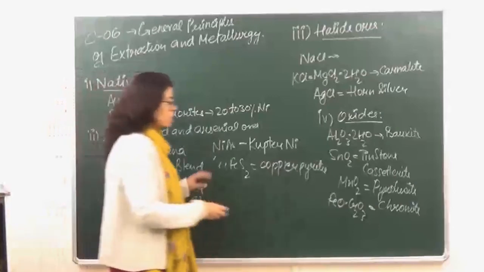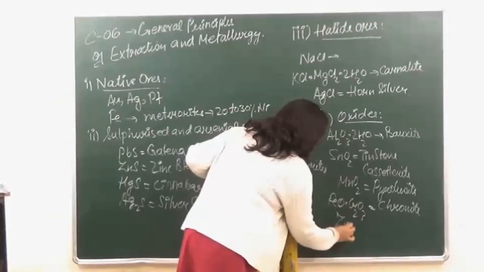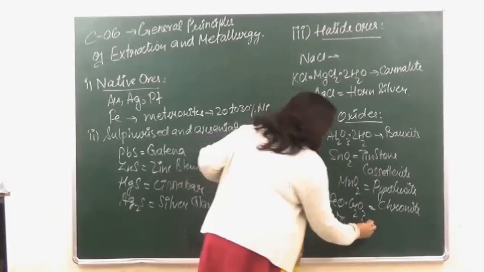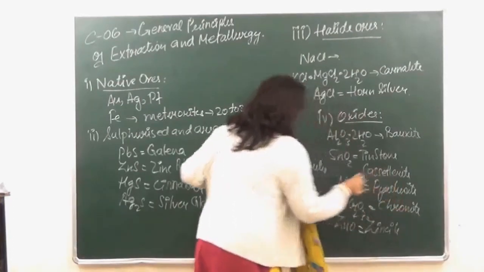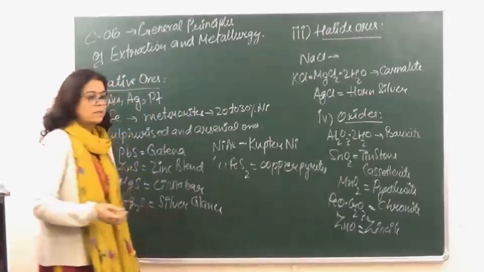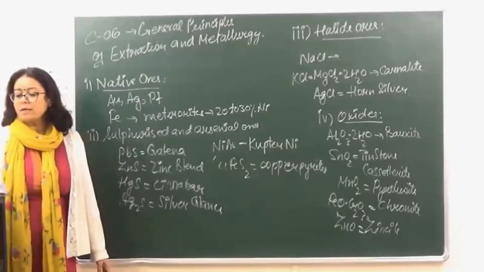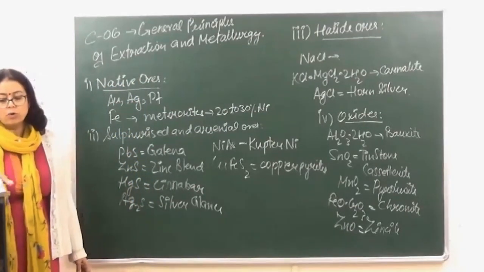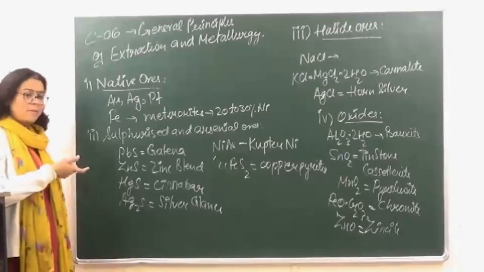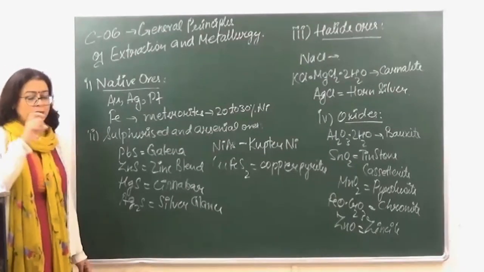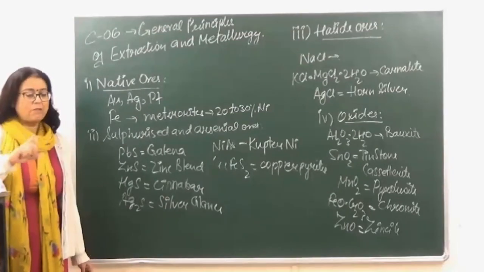Then we have zinc oxide, which is known as zincite. So all these common names you need to know. Then there are many more which we can keep listing. We've already done hematite, Fe2O3. We've done magnetite, which is Fe3O4.